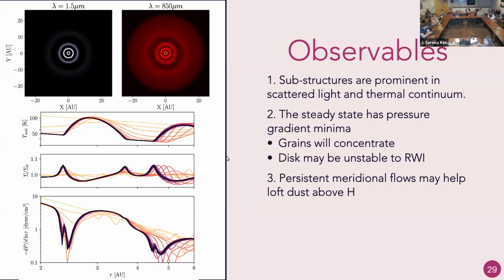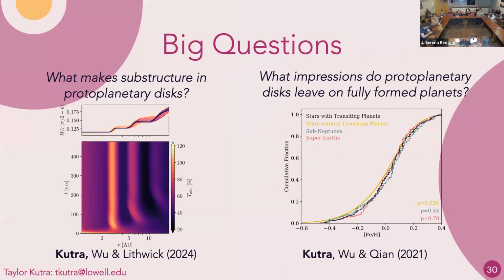So you can have a dust traffic jam, almost, is what I'm envisioning. And then these meridional flows, like I said, depending on their strength and the settling timescales, might be able to help loft these little dust grains up above the optical surface to replenish them. Okay, so that is that.